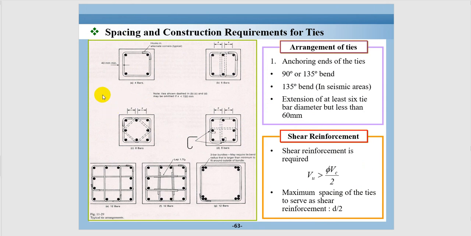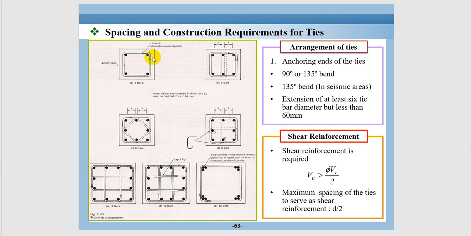Let's practice based on our knowledge that we learned for spacing and tie installations. Here we have a situation where we have 4 bars and 6 bars, 8 bars, and this is 8 bars. And we have a tie here. This is a tie, all tie, all right? This is a 90 tie, this is a straight tie.